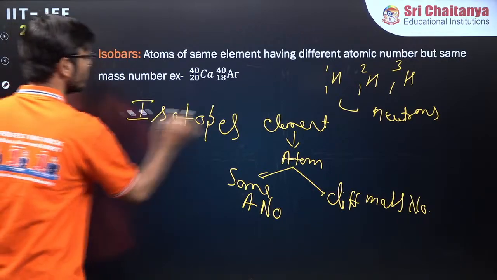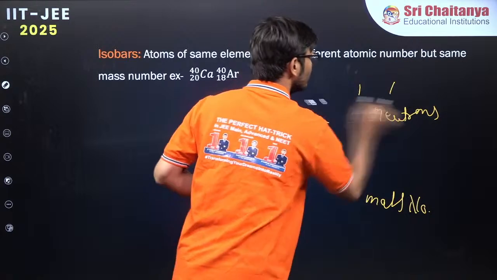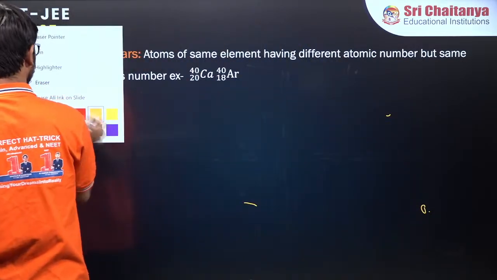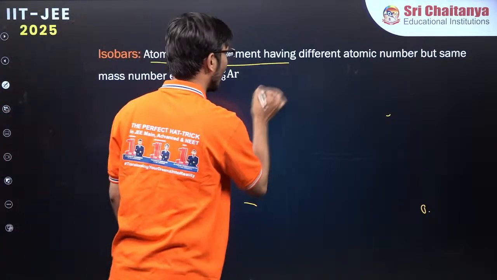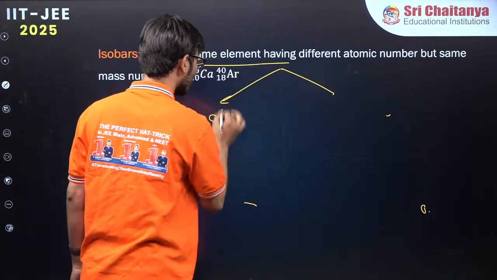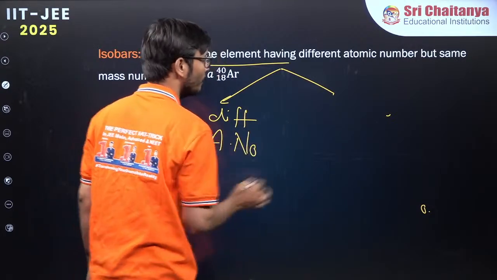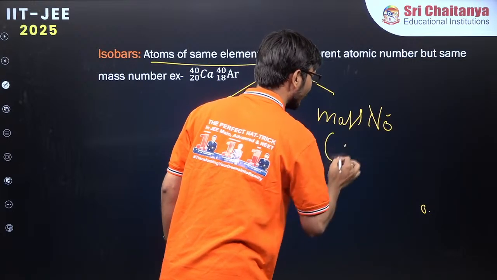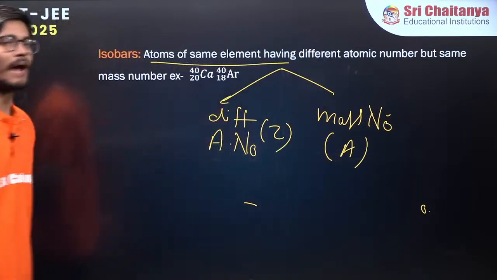In case of isobars, atoms of different elements having different atomic number but the same mass number. So mass number is same and atomic number is different. That is the definition of isobars.